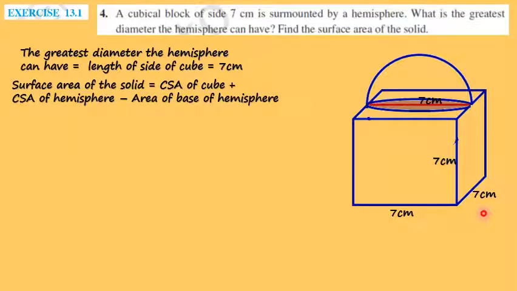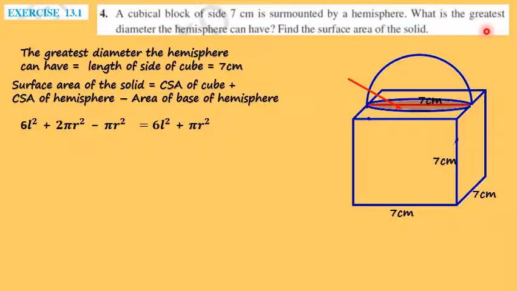Surface area of the solid equal to the surface area of cube plus curved surface area of the hemisphere minus area of base of hemisphere. That means this part we have to remove. The base, that circular part of that hemisphere, we have to remove. Then only we will get the remaining area. So 6L square plus 2 pi r square minus pi r square, and 2 pi r square minus pi r square is pi r square.